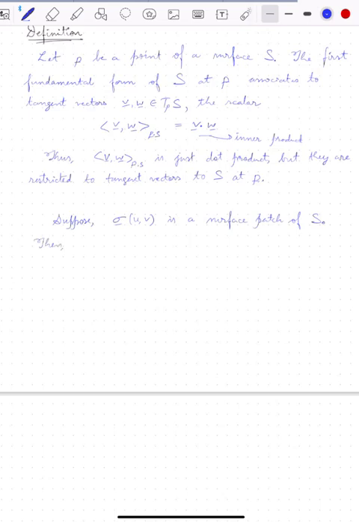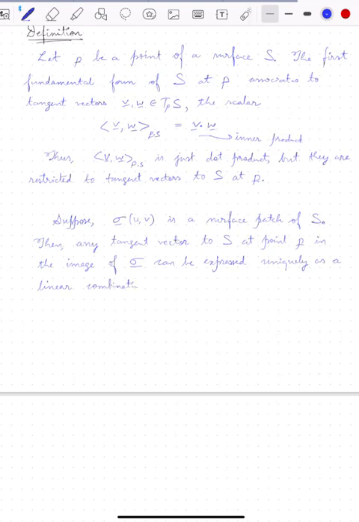Then any tangent vector to S at point P in the image of this surface patch sigma can be expressed uniquely as a linear combination of sigma vector u and sigma vector v.